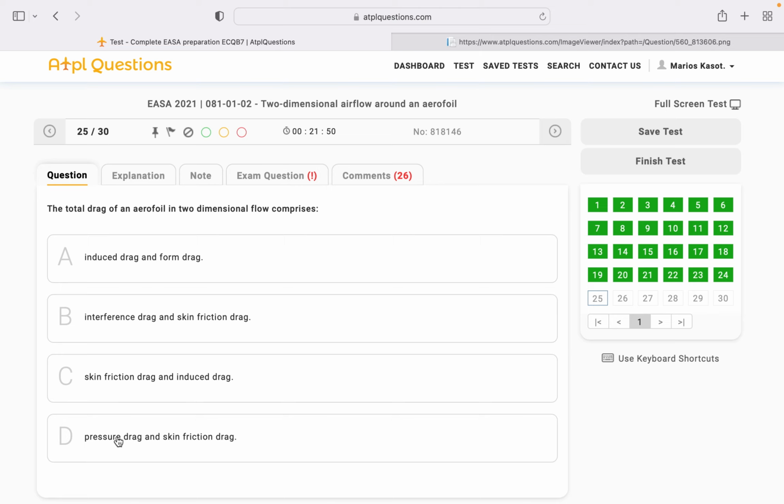It's form drag and skin friction drag. We will see induced drag in three-dimensional airflow, and it's caused by the span-wise flow. Induced drag is a byproduct of lift. If we have no lift, we have no induced drag, we have only parasite drag, but let's keep this for later. So it's form drag and skin friction drag.